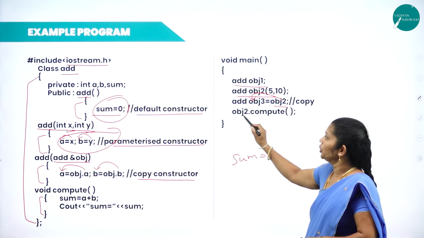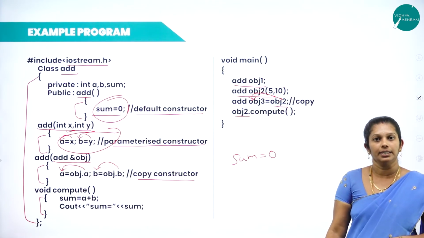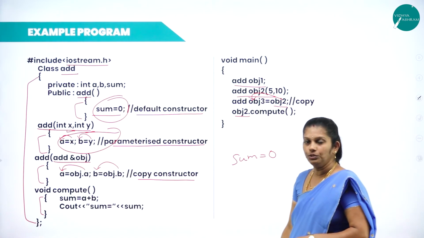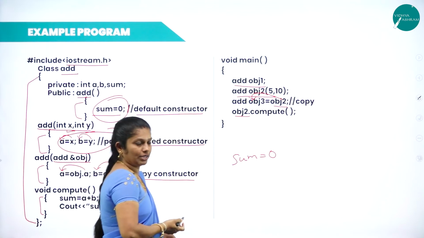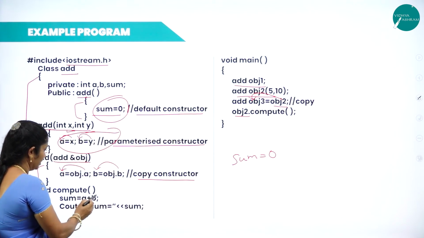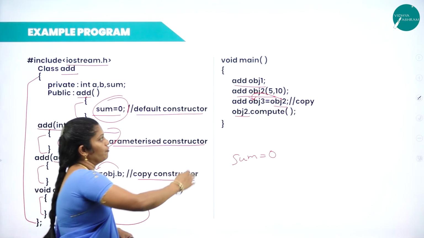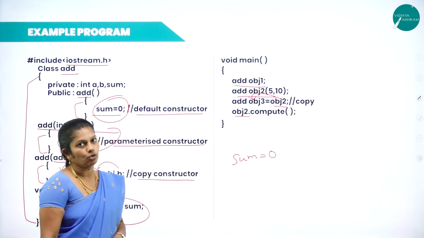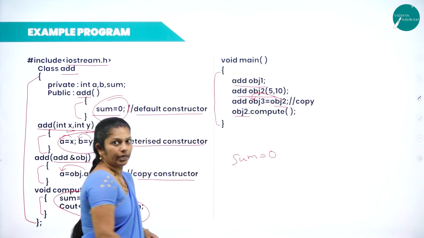Then if you want, you can call the compute function with the help of object 2 as well as object 3, because both objects contain the same value. Object 2 dot compute function, then this compute function will automatically execute afterwards. If you want, you can use object 2 as well as object 3. Then later on we are closing this main program.